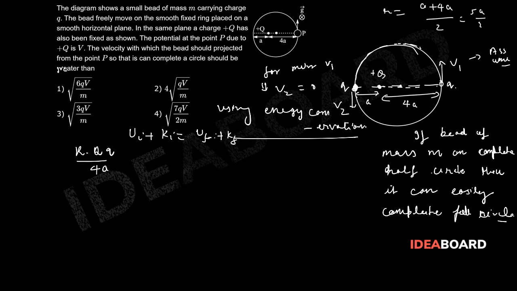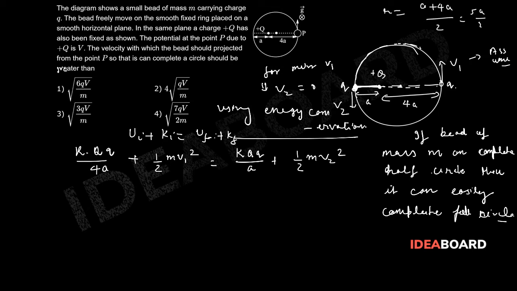I am using this formula. So plus what is the kinetic energy at that point of time? Half m v1 square. And finally potential energy when this bead is at a distance away, this will be kq divided by a plus half m v2 square, correct?